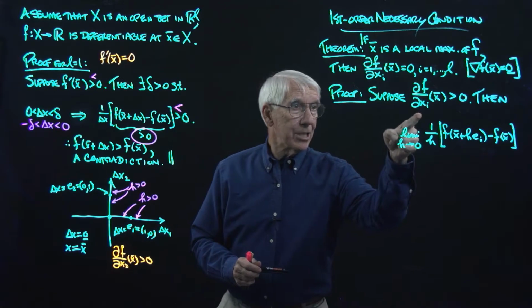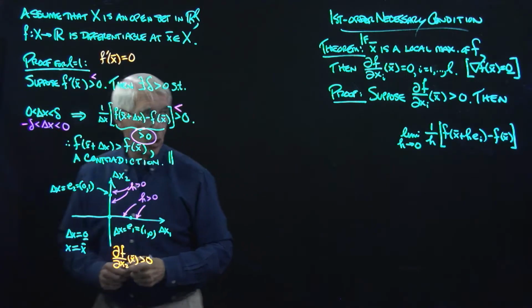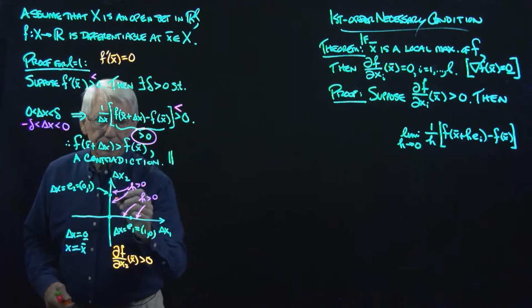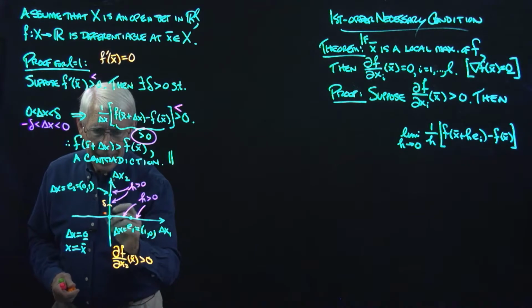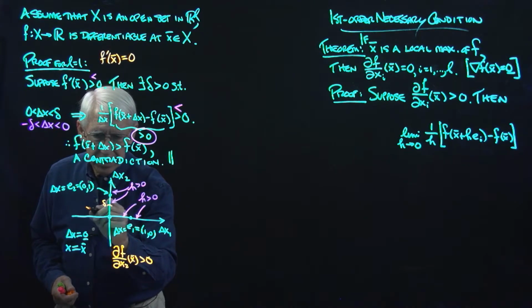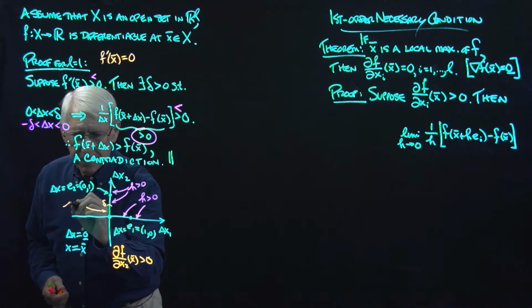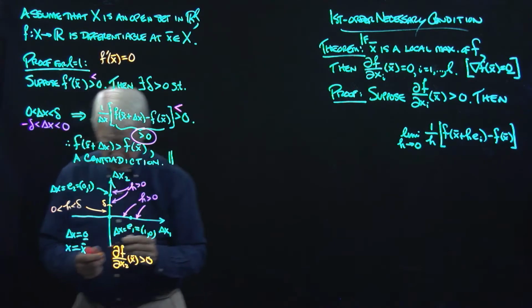So i is 2 here. So this says that I can, for example, take a delta over here, and any h that's in here, this is h less than delta and bigger than 0.